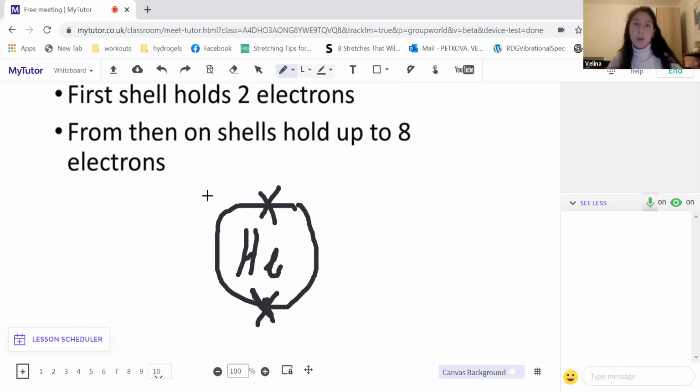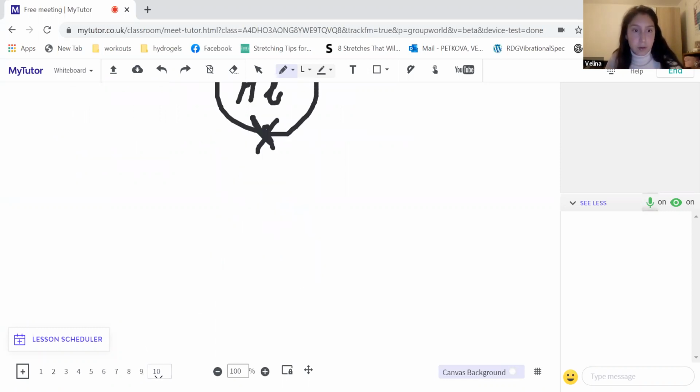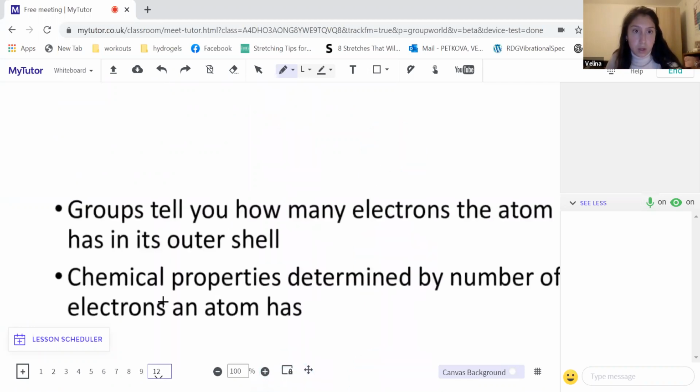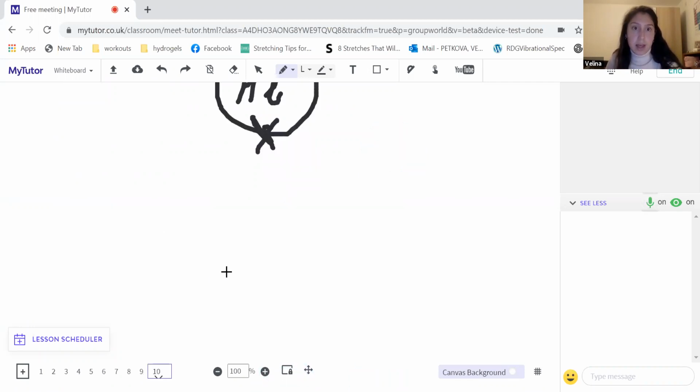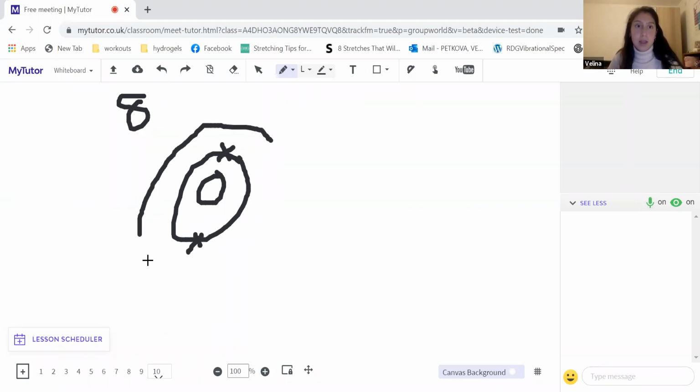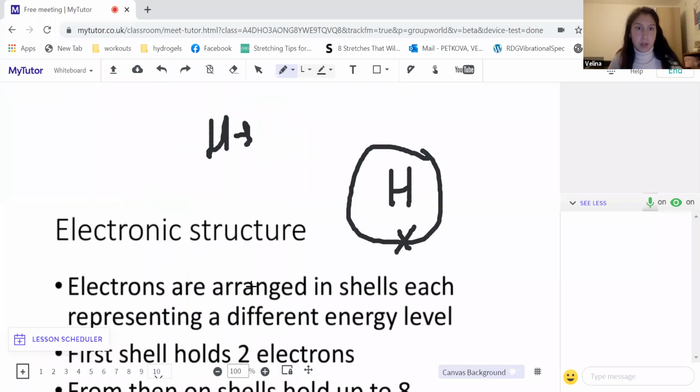If we take oxygen, oxygen has 8 electrons in total. The first shell is going to have its full 2, and the second shell is going to have the rest of the electrons, which will be 6. So that's the basics of electronic structure.